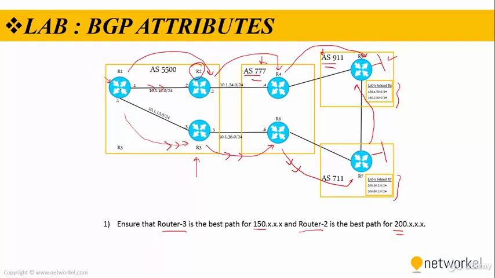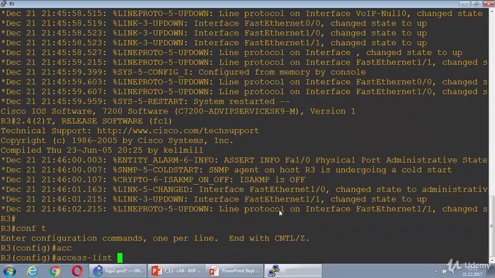Alright, what I'm going to configure in here is just some access lists again, and I'm going to hit the access lists via match statements on my route maps, and I'm going to define a local preference attribute.